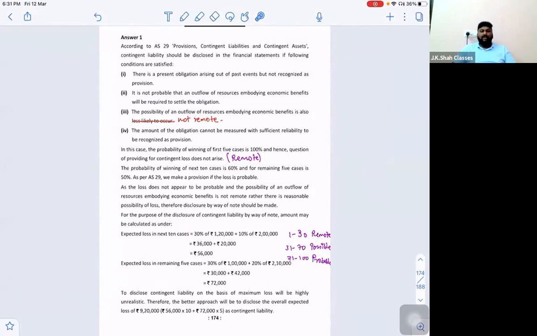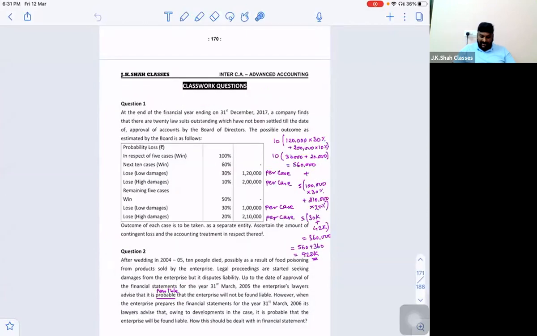Combining both of them, or you have to consider the maximum figure. Now, what is the maximum figure in the first case? 2 lakh. The maximum loss is 2 lakh. So if you consider 2 lakh into 10 cases, then it is 20 lakhs. And in the second case, 2 lakh 10 into 5 cases, that is 10 lakh 50,000. So total provision, total contingency will be shown at 30 lakh 50,000.